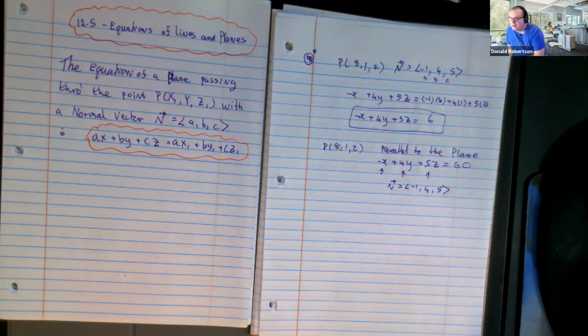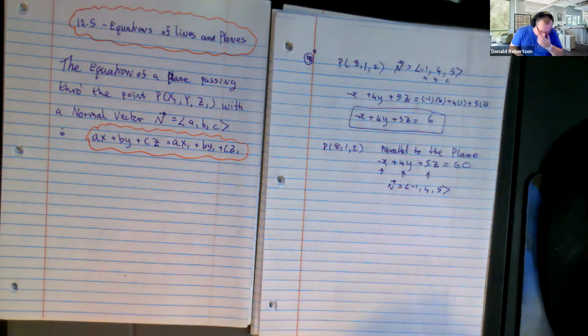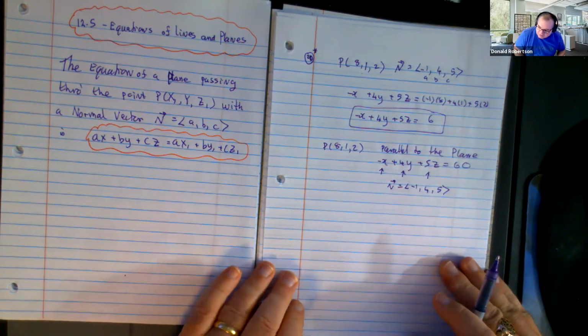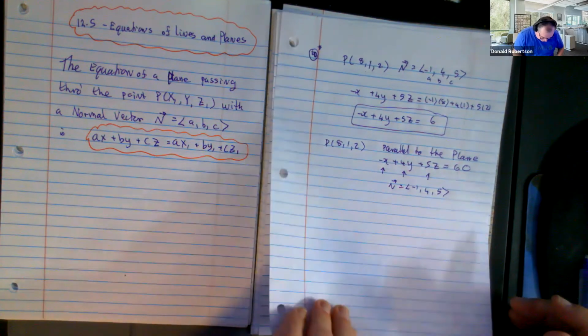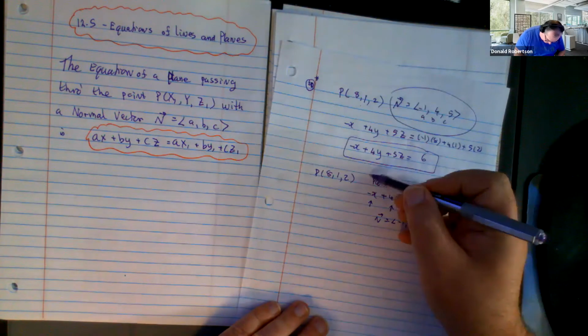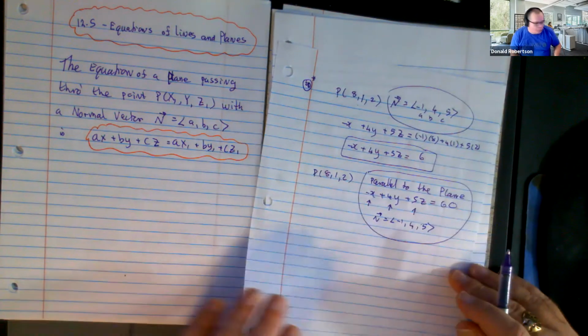It really doesn't matter. If you make them multiples, it just means they're further apart or they're longer or something, right? Great. So they either tell you the normal vector or they tell you something that allows you to find the normal vector.